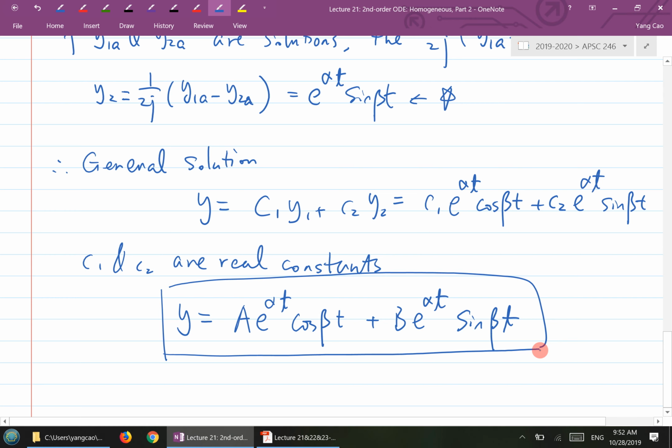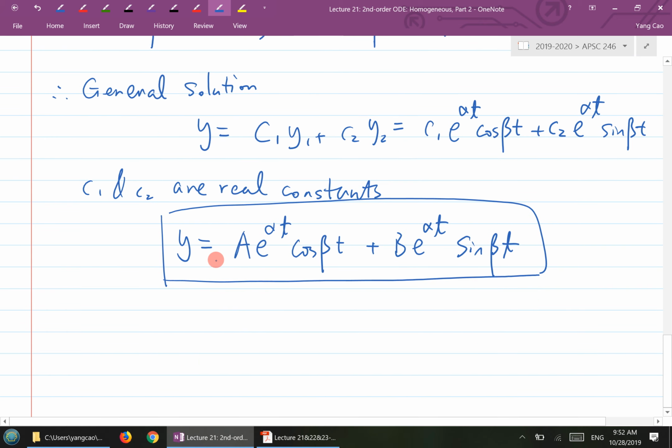So three different cases. I'll give you a handout. The handout has a table. If you call it the formula sheet, you actually can bring this in the final.